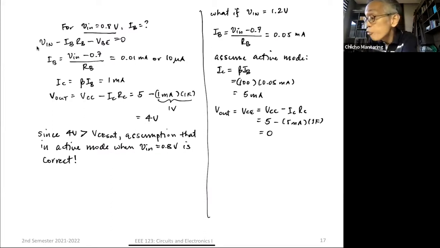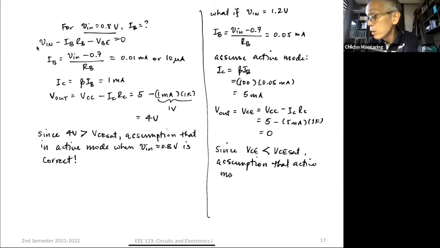Okay, I have to compare now VCE to VCE SAT. Since VCE, which is 0, is less than VCE SAT, the assumption that it is in active mode is wrong.